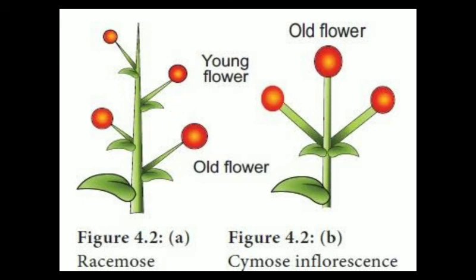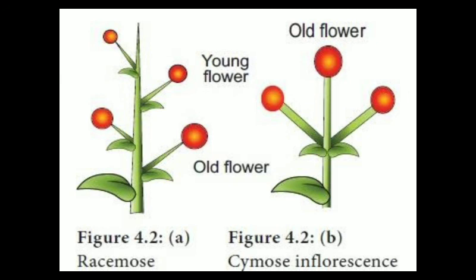But on the other hand, in cymose type of inflorescence, the tip of the floral axis terminates into a flower. Such type of inflorescence is known as cymose inflorescence, and the arrangement of flowers is in basipetal manner. A simple straightforward question will come in your exam: write any two differences between racemose and cymose inflorescence. Then what should be your answer?